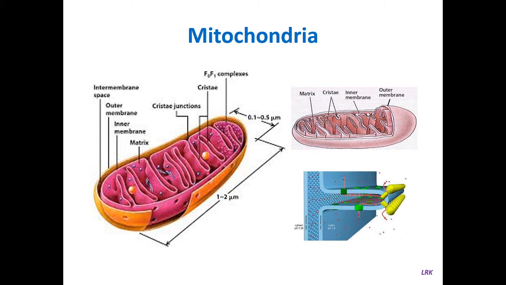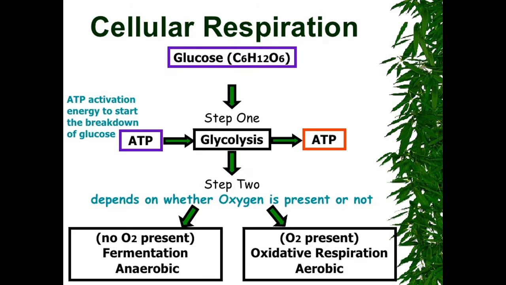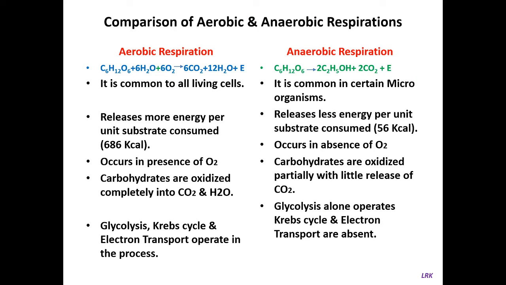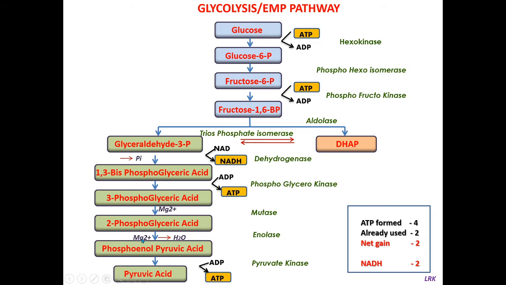Okay, we saw the structure of mitochondria. We saw what cellular respiration is, how glycolysis takes place, where it takes place, and what the end products of glycolysis are. As a result of glycolysis, two molecules of pyruvic acid are formed.